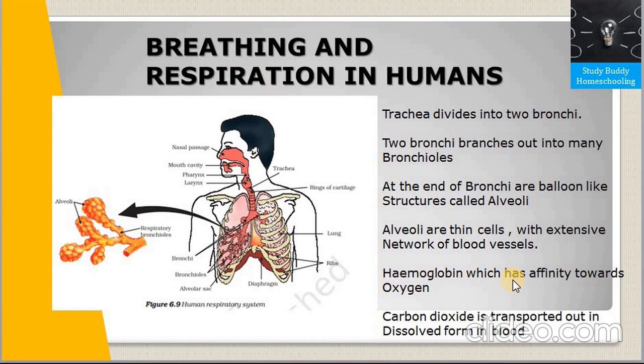Hemoglobin takes in oxygen because it has greater affinity, and carbon dioxide dissolves in blood and is thrown out. But the process is the same. Oxygen enters through nose, trachea, bronchi, bronchioles, alveoli, and again CO2 is expelled out through alveoli, bronchioles, bronchi, trachea and nostrils.